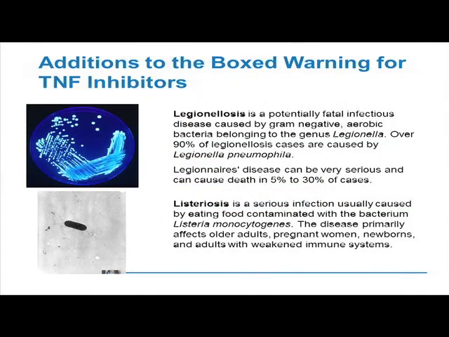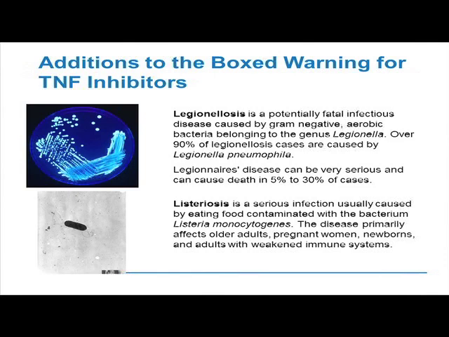Much of this is known to us, but two recently accented infections that we need to focus on a bit are Legionella and Listeriosis. Legionella is potentially fatal, often is associated with a pneumonic component, and it has been shown to be linked to TNF inhibitors.